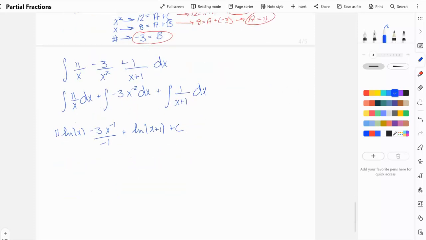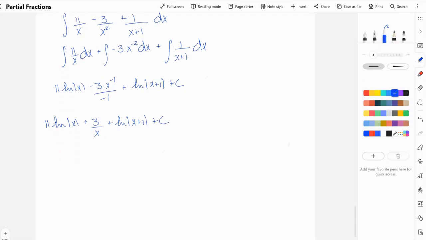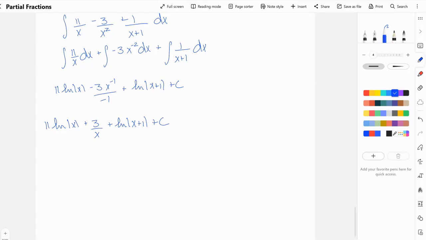And now I'm going to clean this up just a little bit. So this is going to be 11 ln absolute value of x plus 3 over x plus ln absolute value x plus 1 and then plus c. We could leave it like that, or we could rewrite it.